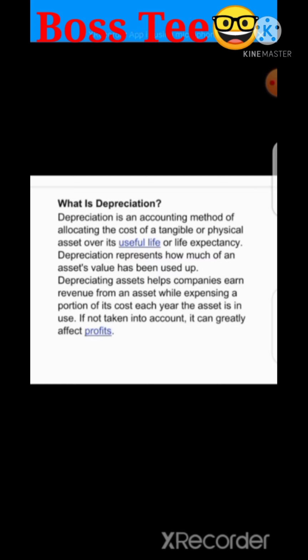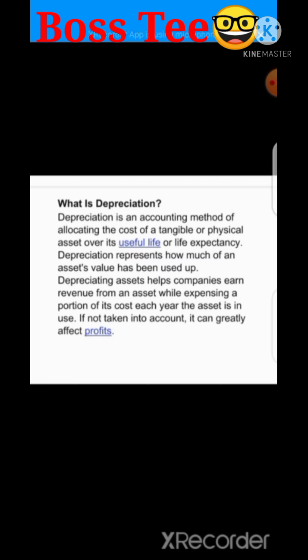Good. And it further says depreciation presents how much of an asset's value has been used. As I was saying, it tells you how much of an asset's value has been used. Looking at this case, if the asset that was purchased for 50,000 has been depreciated for 2 years, we've acknowledged that the value of the asset has been reduced by 20,000.